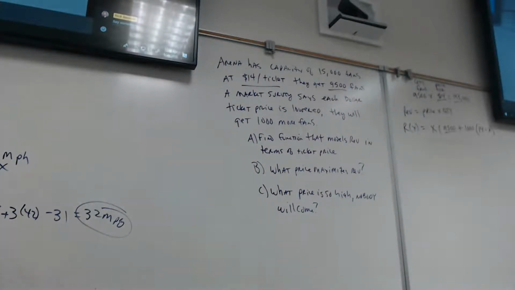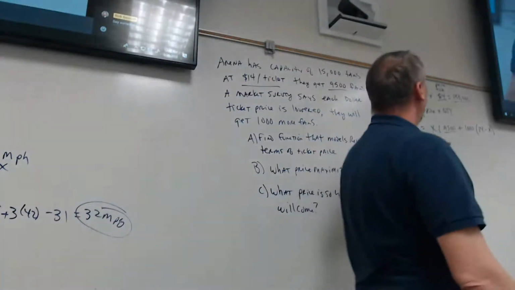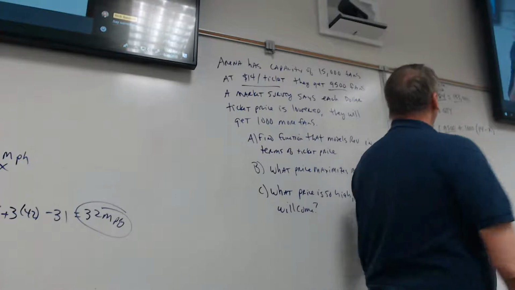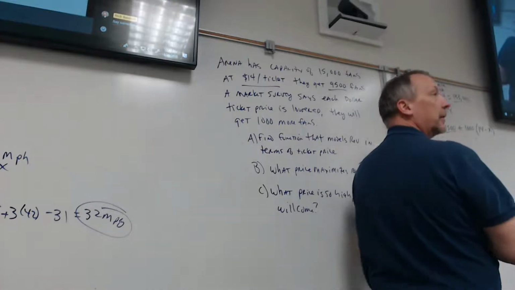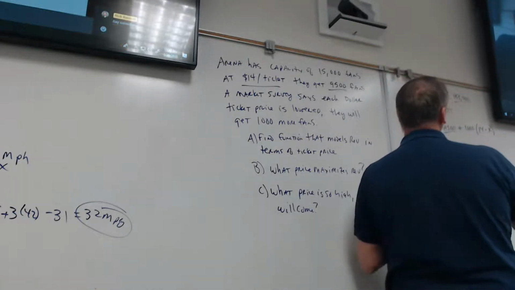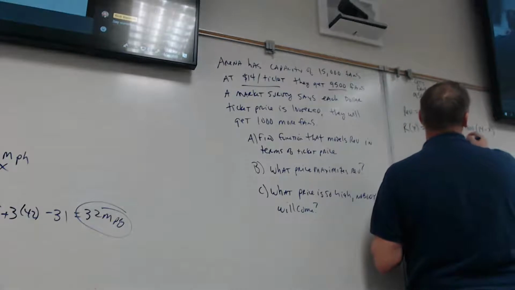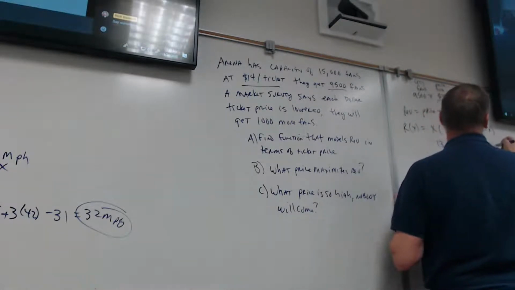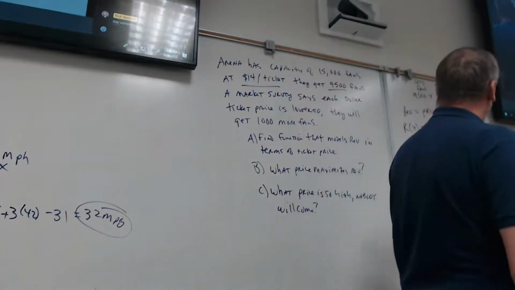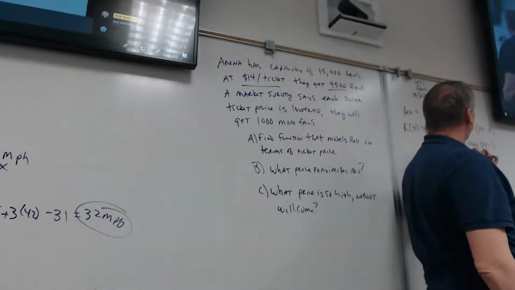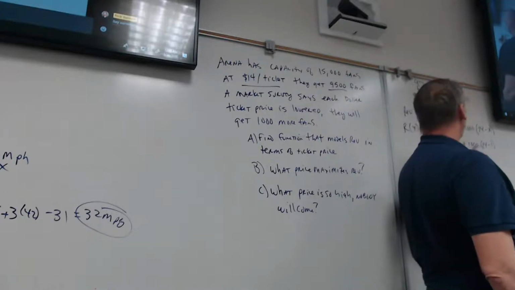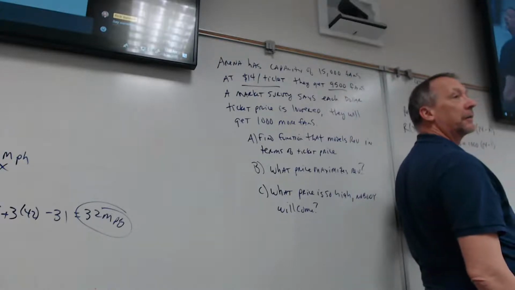Okay. So let's think about this if x is 1. So if we take off $1, this is now $13, right? And we're going to get 9,500 plus 1,000 times 14 minus your $1. Okay? So we're going to get 1,000 more fans if we take it down $1, right? Does that make sense?